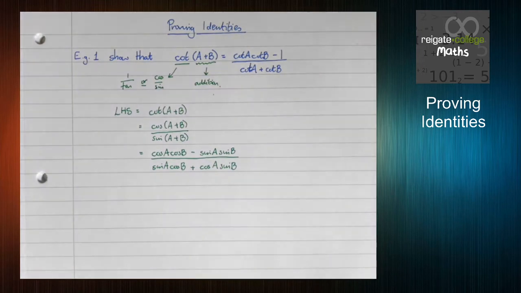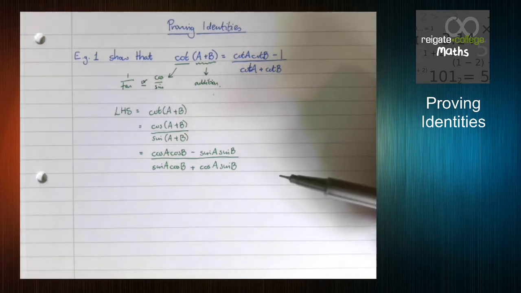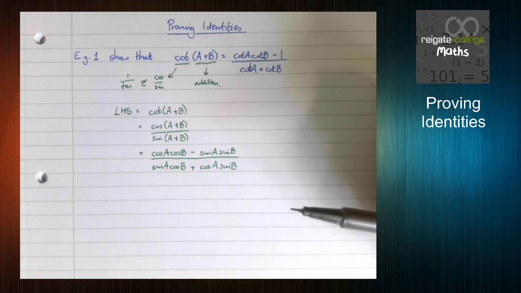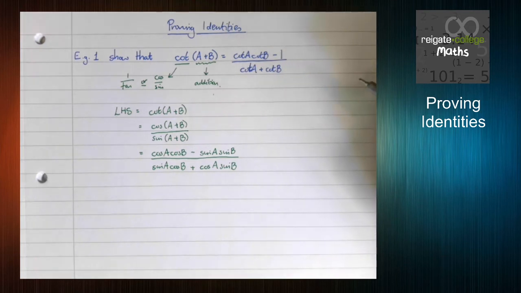Now the thing with this one is, if you cast your mind back to the video where we introduced these addition formulae, we went through the proof of the one for tan. This is actually pretty much exactly the same thing. But instead of dividing by cos A cos B, we're going to divide by sine A sine B. How do I know that?